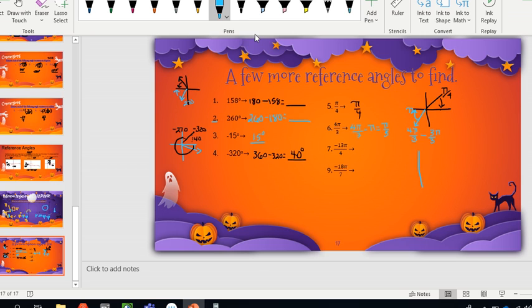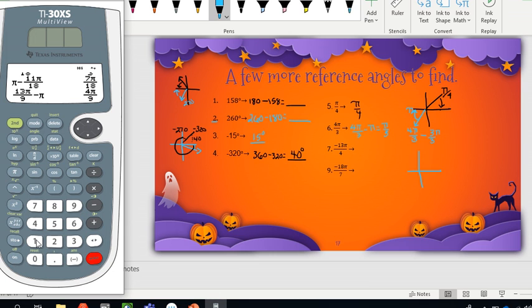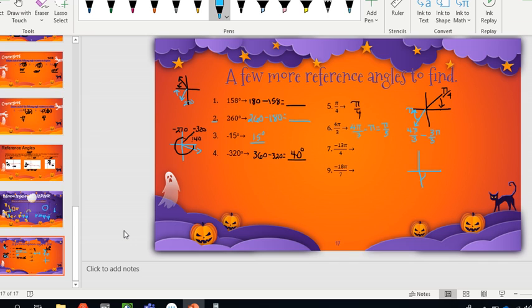Okay, I'm going to redraw this one down here, and I'm going to have negative 13 pi over 4. Well, I need a calculator real quick. 13/4, and this is negative 3.25 pi. So if it's negative 3.25, that's 1, 2, 3 pi and 0.25.